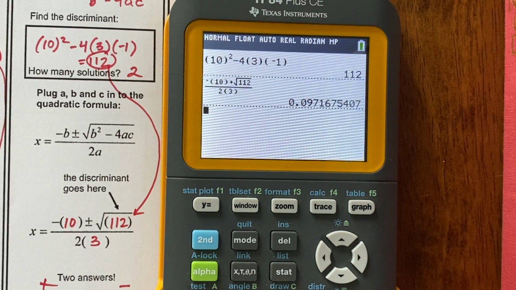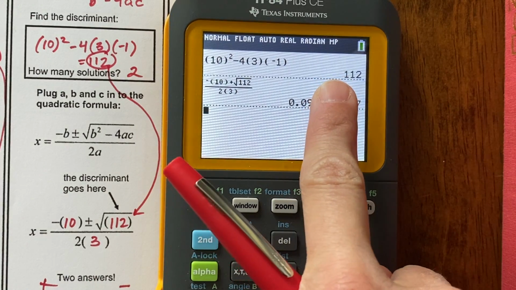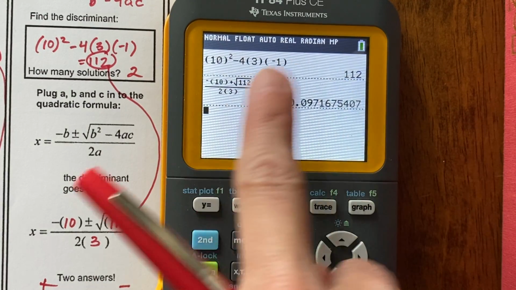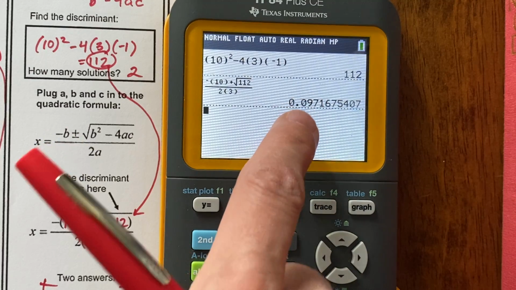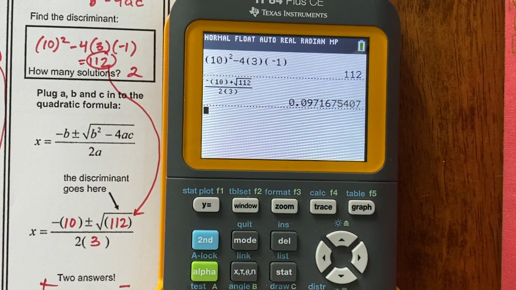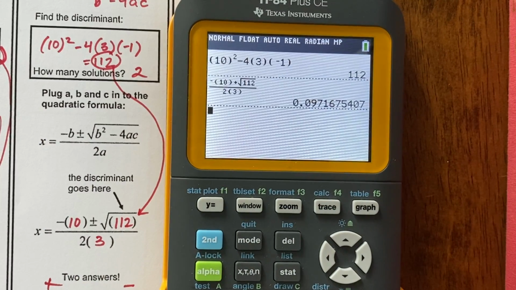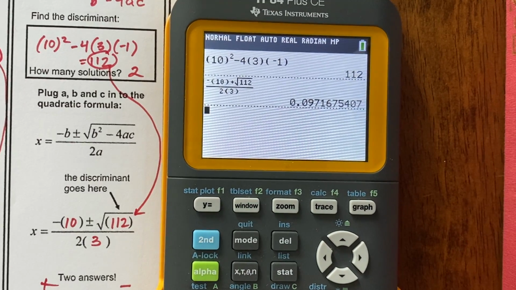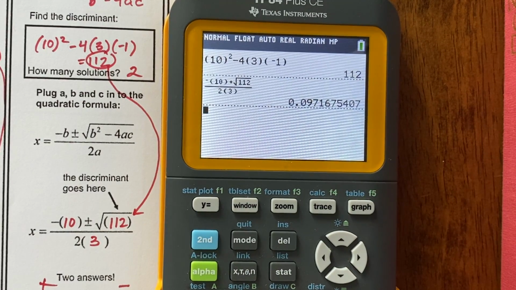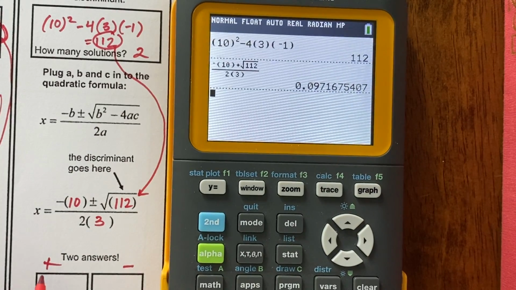0.097. So this is an interesting one because we round to the nearest hundredth, right? So you'd round to where that 9 is, but that 7 turns that 9 into a 0, and then that turns the 0 into a 1. So it's the only time where it looks like you're rounding twice, right? But you're not. So you have x equals 0.10.